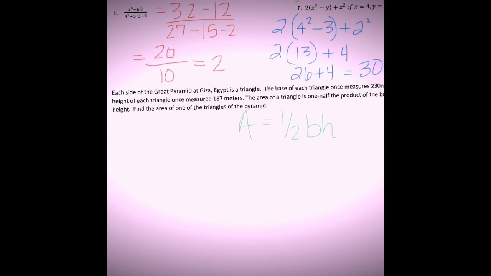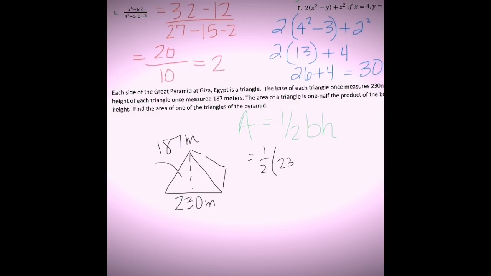So let's draw a rough sketch of what that pyramid looks like. Okay, so here's the pyramid, and it said that the base of the triangle measured 230 meters, and the height of the triangle measured 187 meters. So if the area is 1/2 times the base times the height, we have to give the area of one of the triangles.